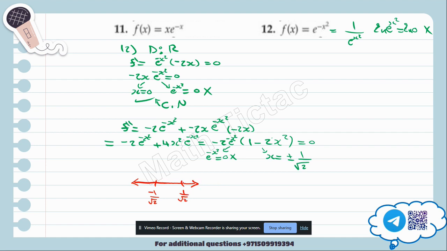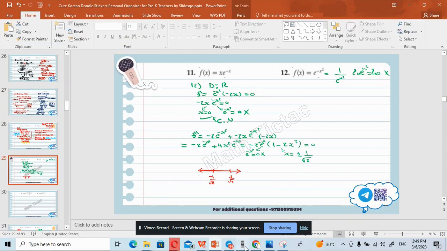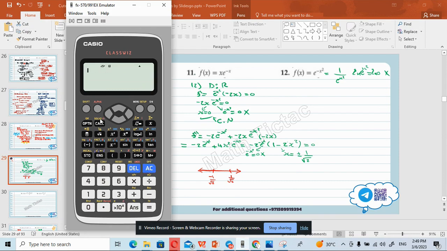Now I'll find the values. I'll substitute the values in f double prime. So let's go ahead and substitute these values. So in here, this is our calculator.